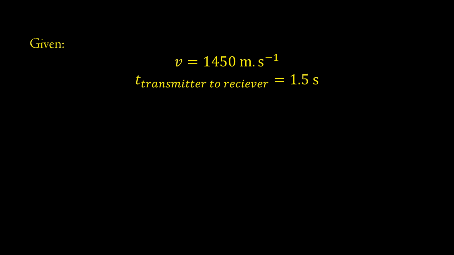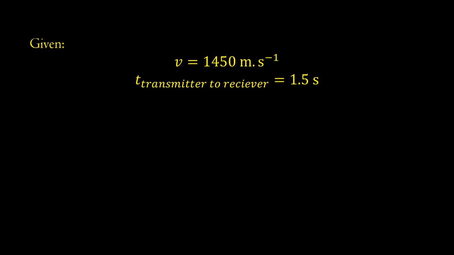So from question 1, we read that the speed of sound in the ocean is 1,450 meters per second. The time taken for the sound wave to leave the transmitter at the ship, bounce off the seabed, get reflected, and finally reach the receiver at the ship is 1.5 seconds.